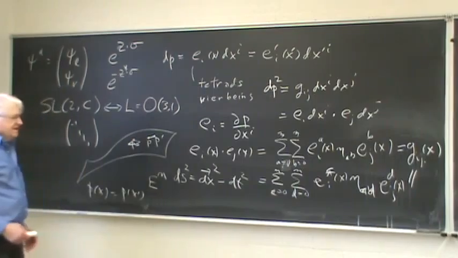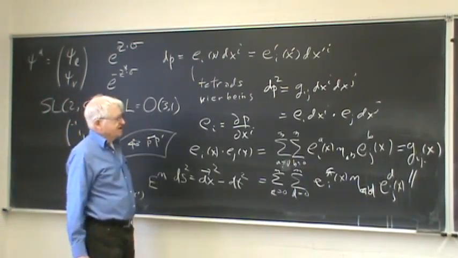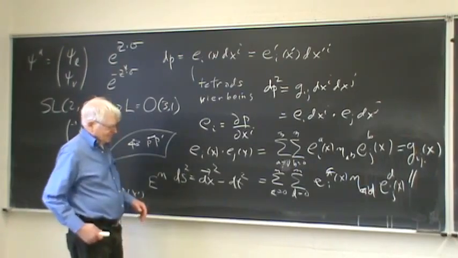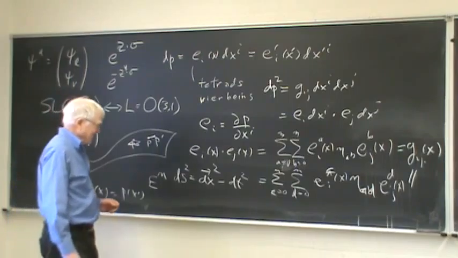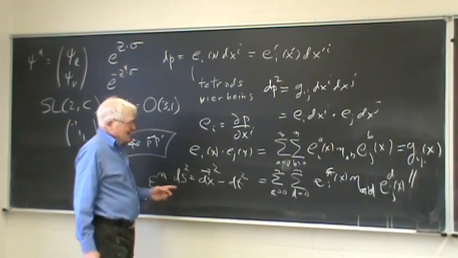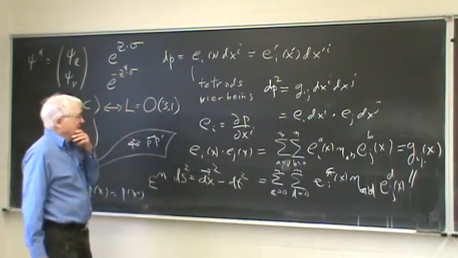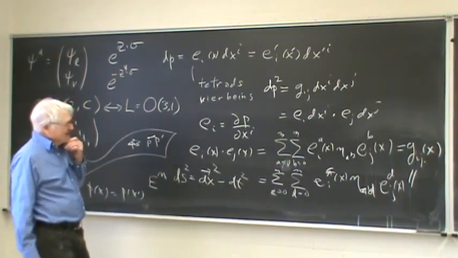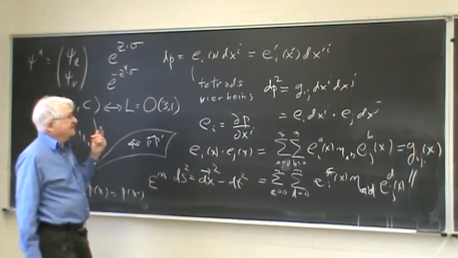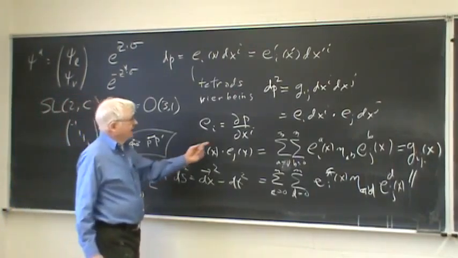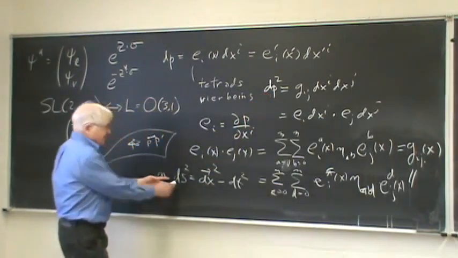And the next step that Einstein made in general relativity was that, in effect, we want to keep invariant this dp squared, but dp squared is more general than this.